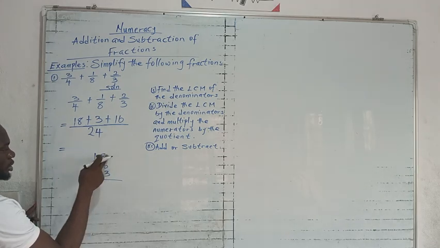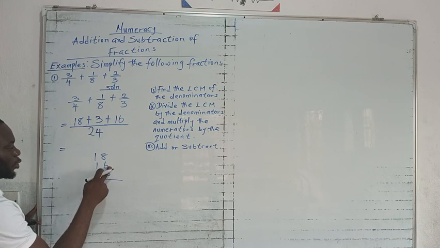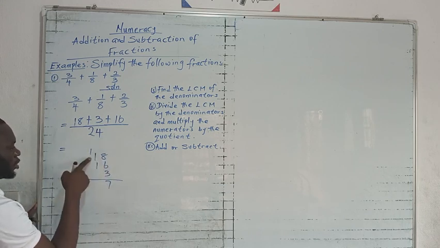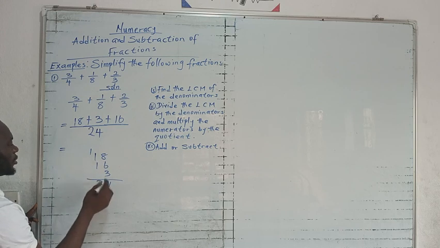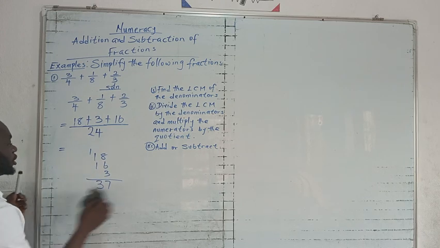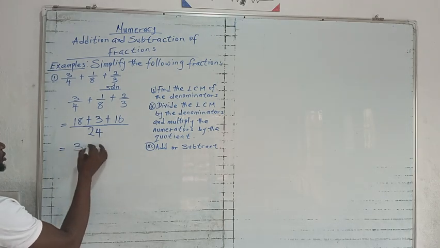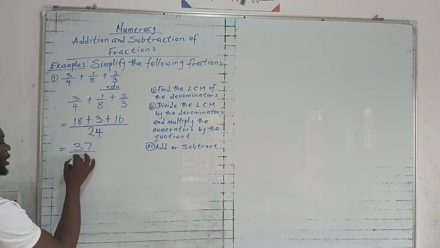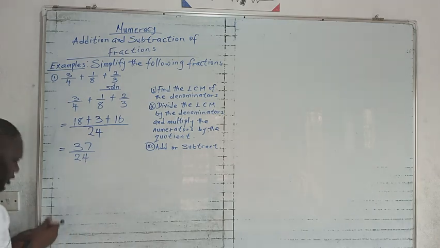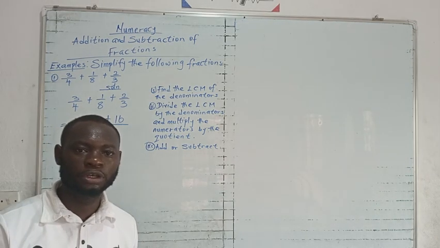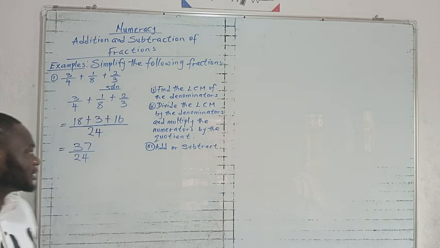Let's go. 8 plus 6, 14. Plus 3, 17. 7 carry 1. 1 plus 1 plus 1, 3. So 18 plus 3 plus 16 is 37 over 24. Now this is your answer. 37 over 24 is our answer.